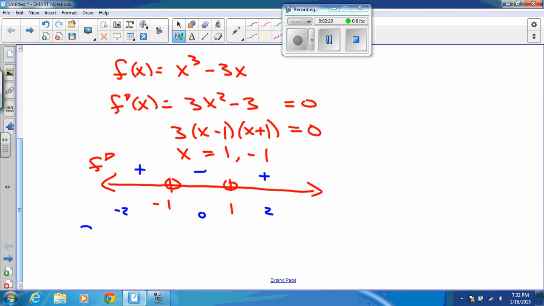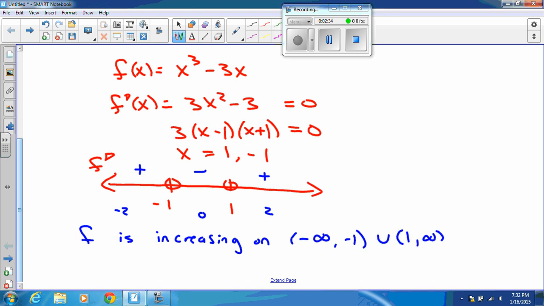And so that would allow us to say that f is increasing on negative infinity to negative 1, together with 1 to infinity, because f prime is greater than 0. And here is our justifying language.